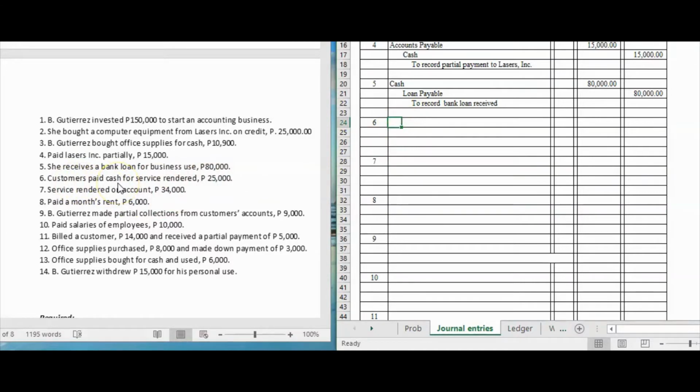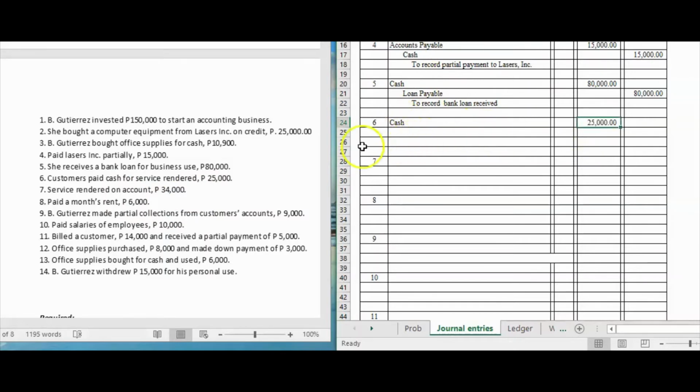Yung cash mo, nadagdagan ba or nabawasan? In this example, it's the customer who paid you, the accounting business, who paid the accounting business worth 25,000. So there is an increase in cash.